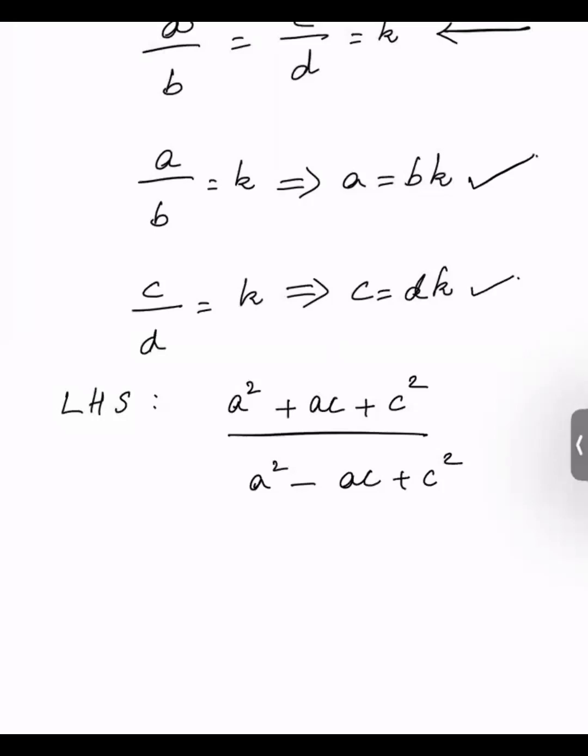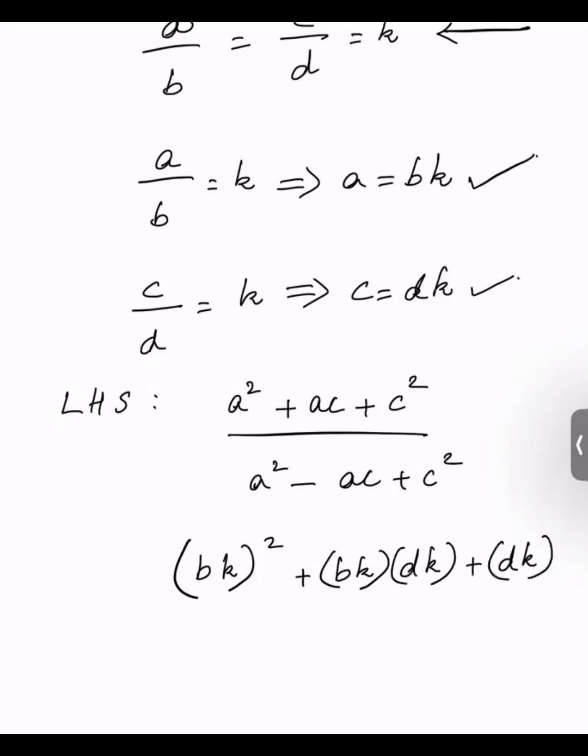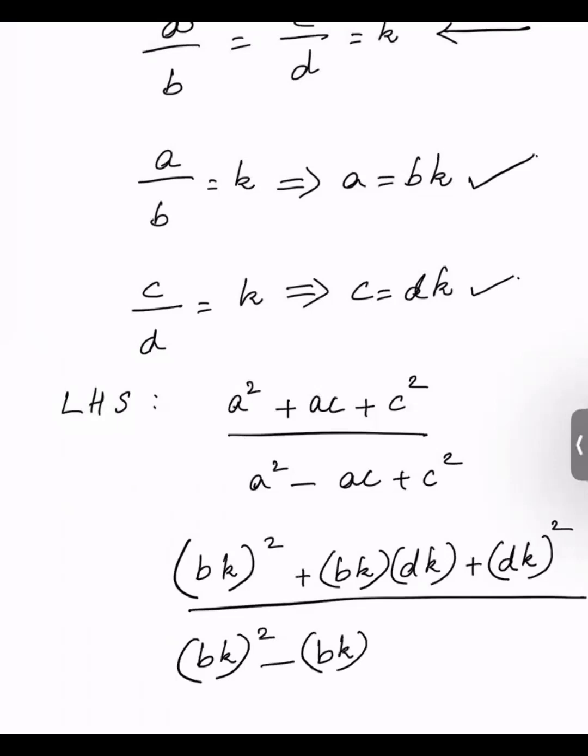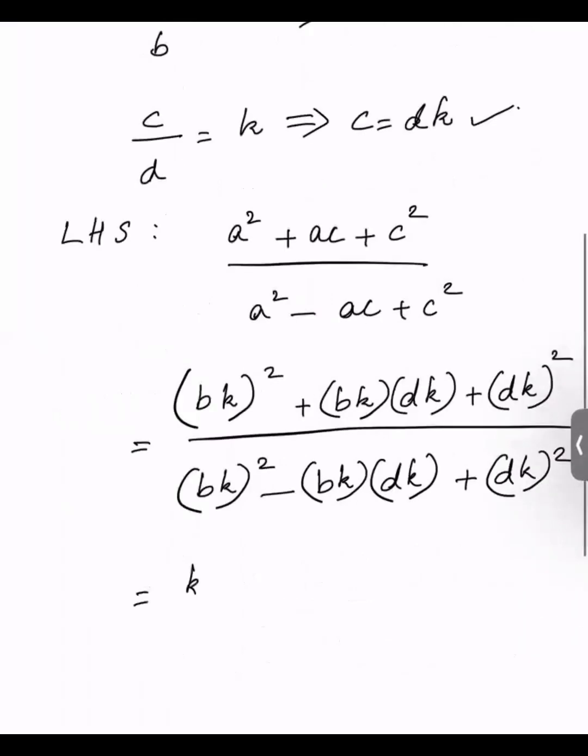So A square will become BK the whole square plus BK into C, which is DK, plus DK the whole square, divided by A square, which is again BK the whole square, minus BK into DK plus DK the whole square.